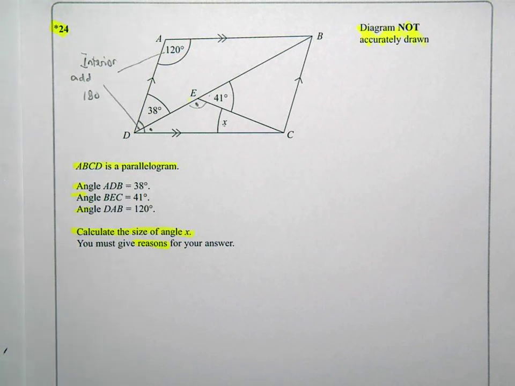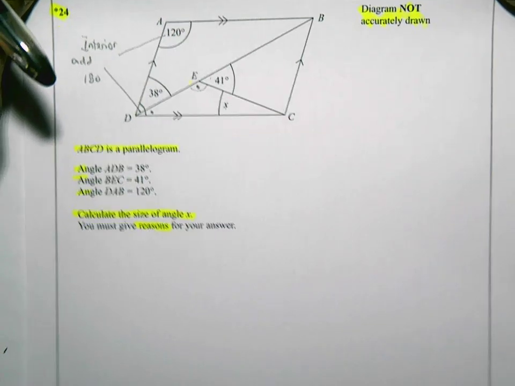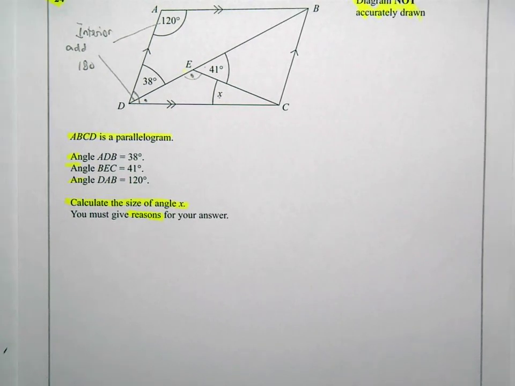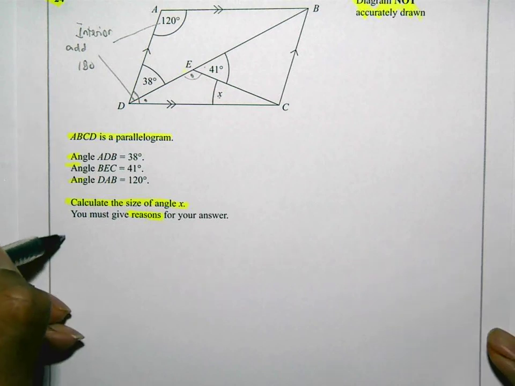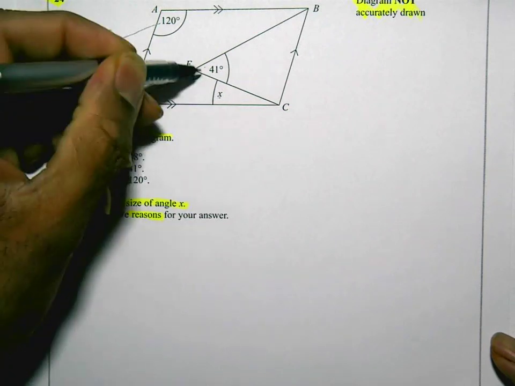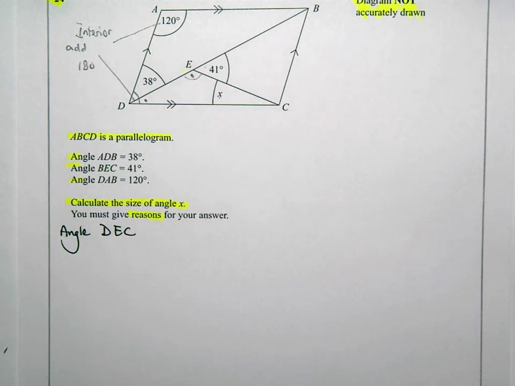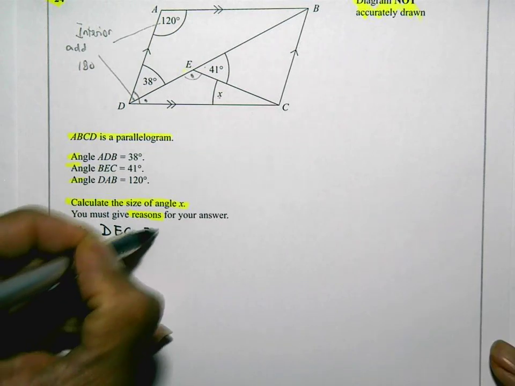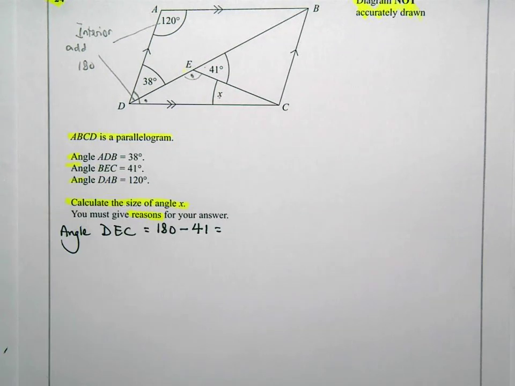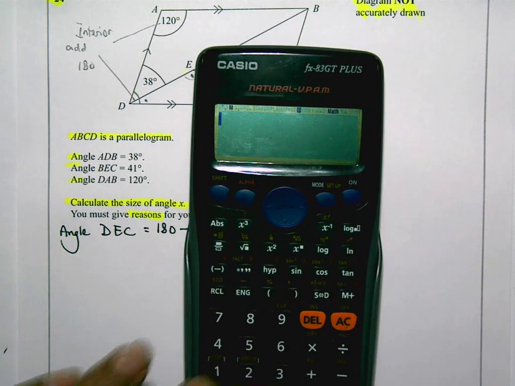I just need enough space for this, so I'm going to move the question up a bit, so we get a little bit more space. I could show exactly what I'm going to do. So the first thing I'm going to do is work out angle DEC. And angle DEC is going to be 180 degrees take away 41 degrees, and just to be sure, although I could work this out, I'm going to get the calculator and do it.